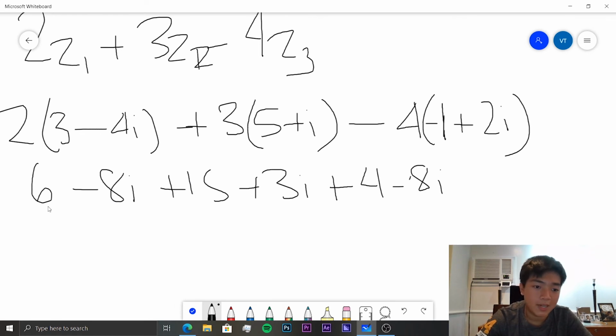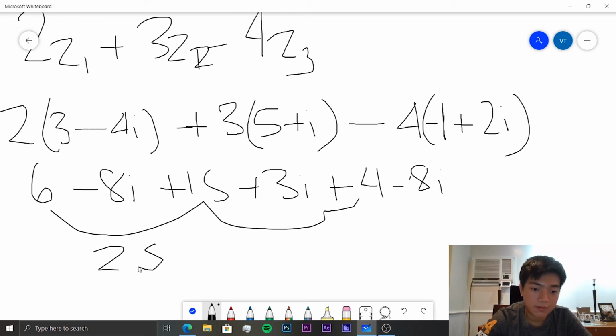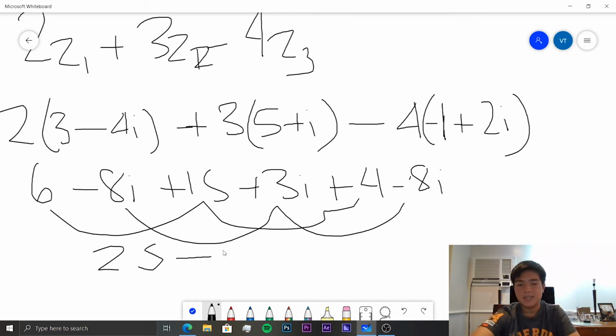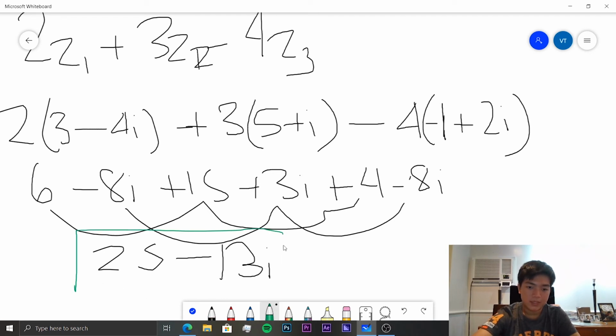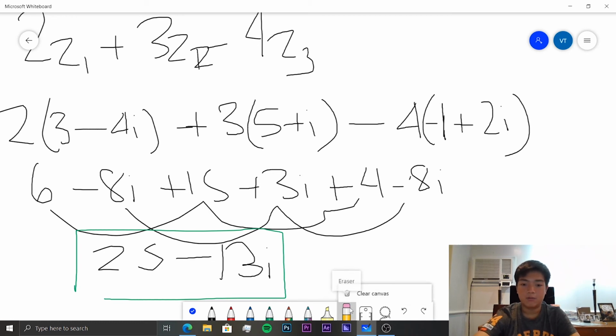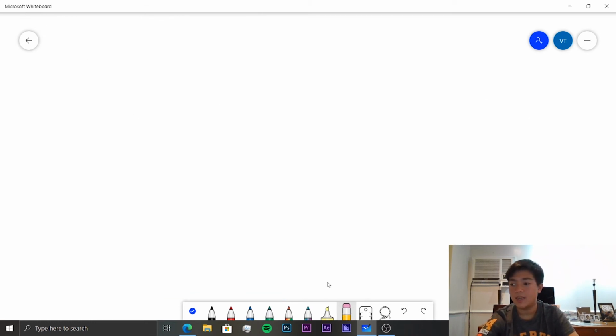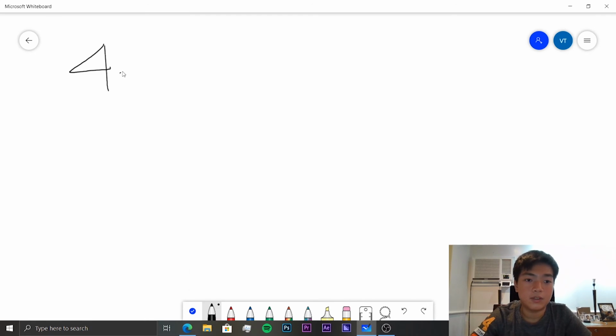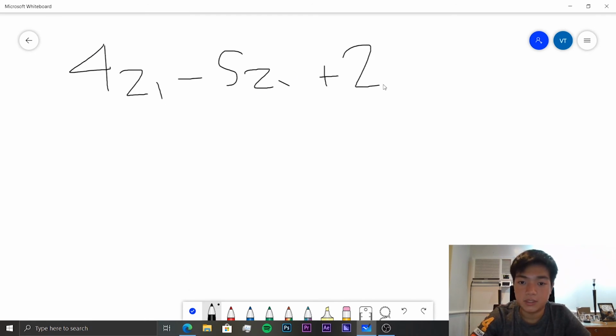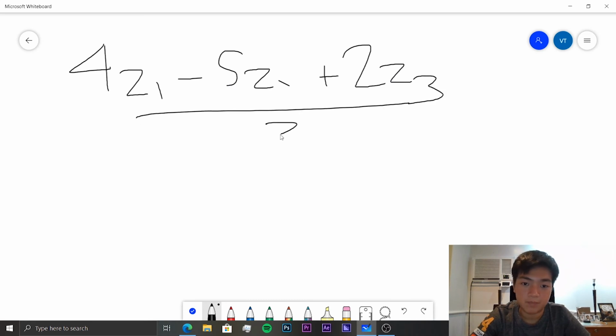So if we add all the real terms together, 6, 15, and 4, we get 25. And if we add all the imaginary terms together, we get minus 13i. So our final number would be 25 minus 13i. Okay. Now we're going to the next one, and we need to solve 4z1 minus 5z2 plus 2z3, all over 3.